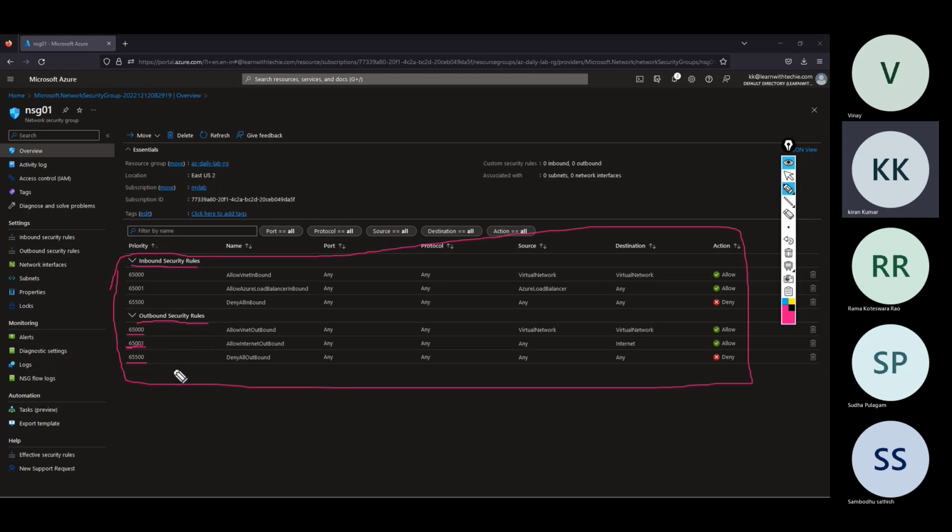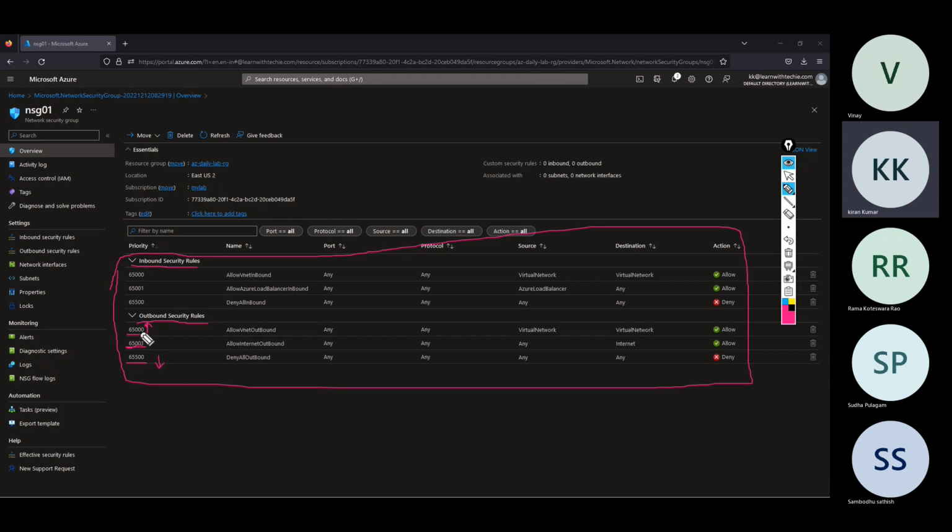So highest number, lowest priority; lowest number, highest priority. 65,500 is the highest number here, so this is the lowest priority. 65,000 is a lower number compared to 65,500, so value-wise it is low, but it has the highest priority.